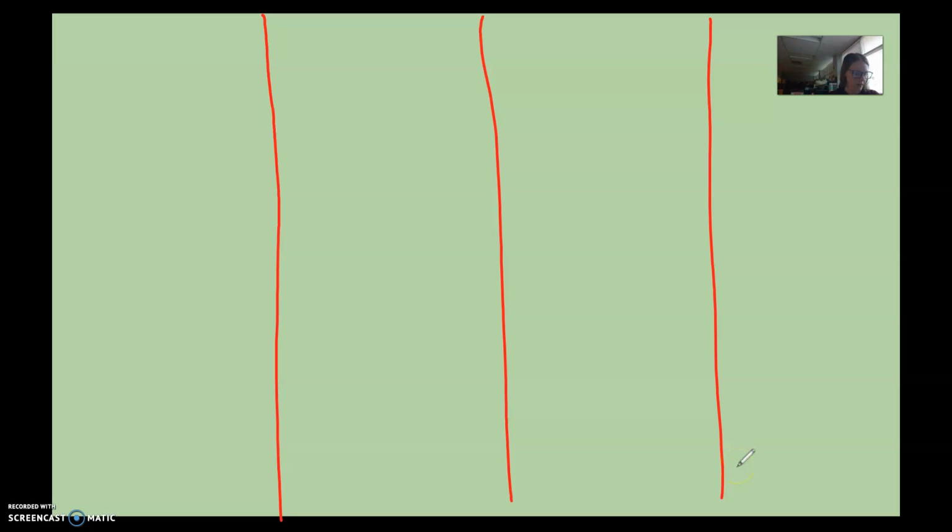So my first one, we're going to draw the seed. And maybe the seed kind of looks something like this. I might draw a little eye there. And then there's a little sprout starting to come out. So not much is there, but there's a little bit starting to grow.